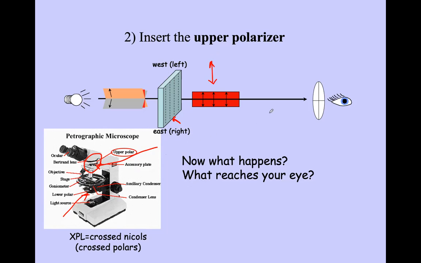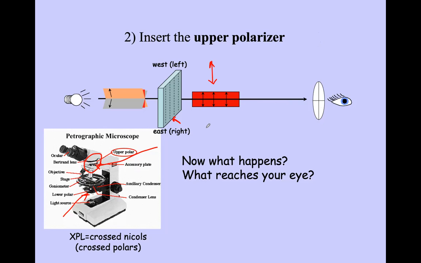Before entering the sample, if there is nothing on the stage, this plane polarized light should come into your eye as a plane polarized light beam. We call it PPL, plane polarized light. So it should reach your eye and you should see some illumination because light is coming. If light is not coming, you will see total black here, right? But you will see some brightness because light is passing.